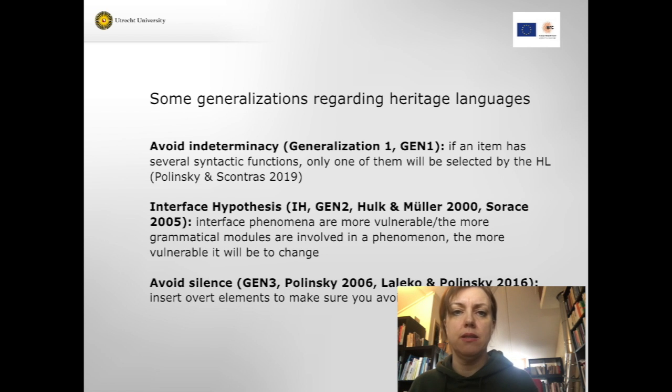Avoid indeterminacy. Speakers, L2 speakers, but also heritage speakers, try to avoid indeterminacy in the sense that if you have a polysemous word, if you have a word or a lexical item that has more than one function, you just select one, usually the prototypical function, and use the word for that function.